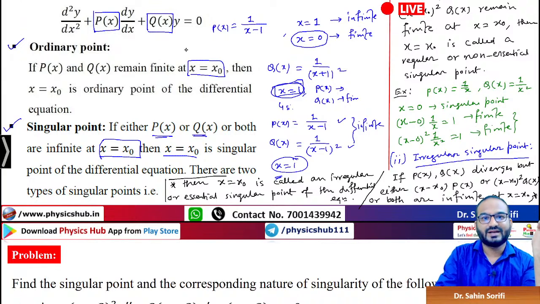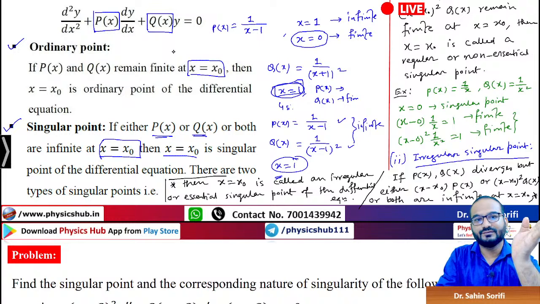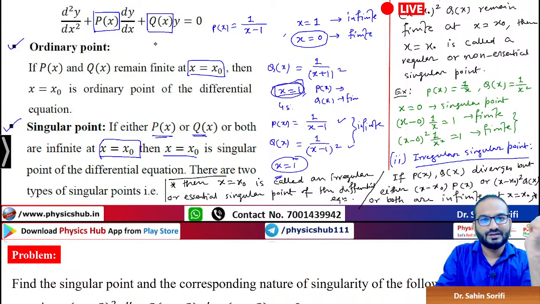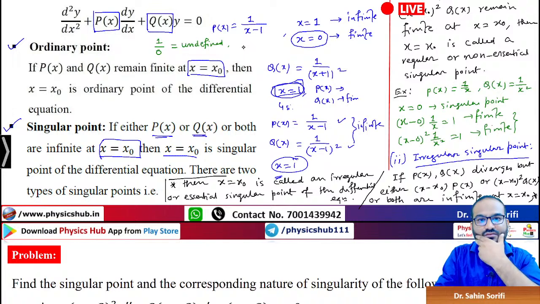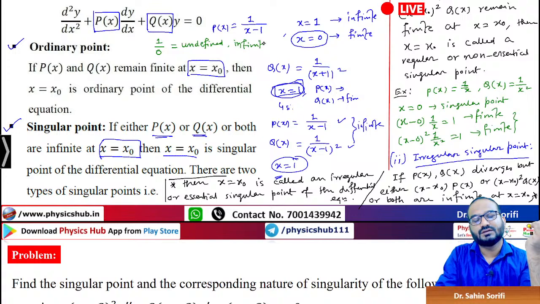Diverging means the value is becoming very large. For an example, when I am talking about 1 upon 0, the actual thing is undefined, but in mathematics we generally call it infinite.